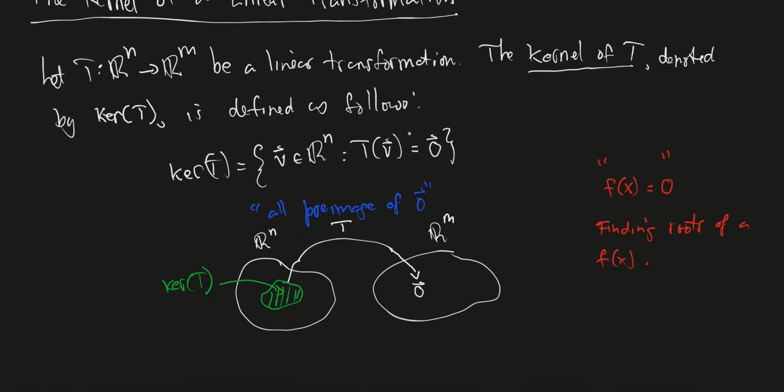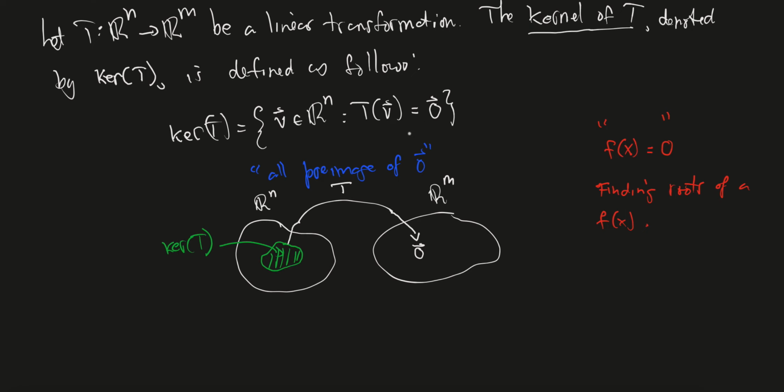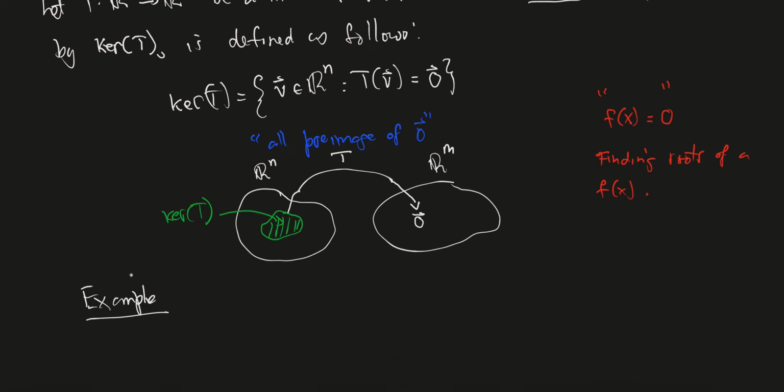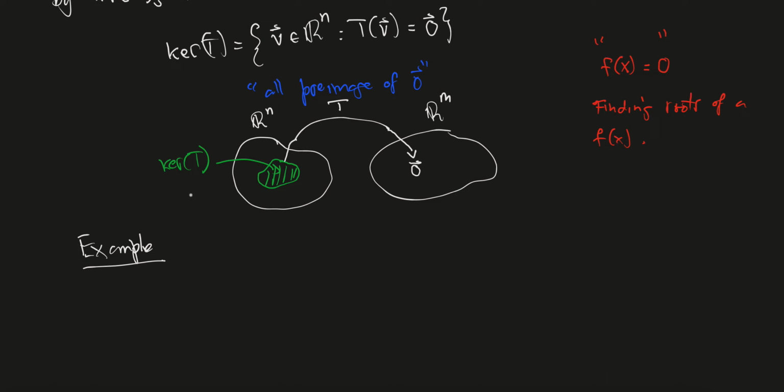All right, so let's take a look at an example of finding this kernel. So I'm going to define my transformation like this.